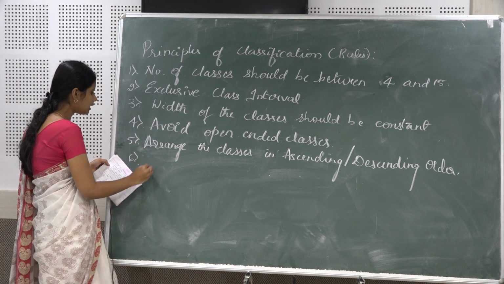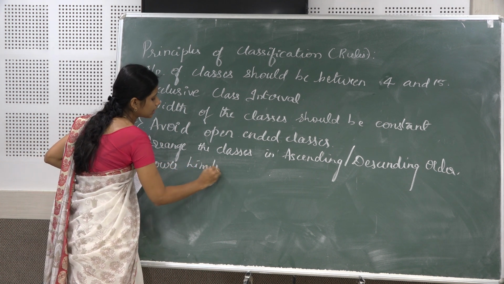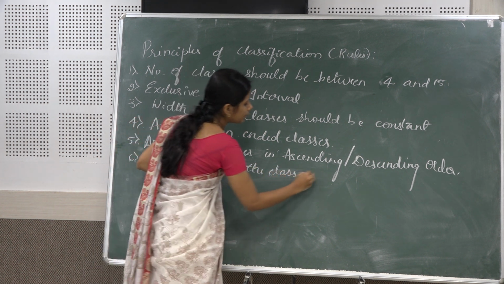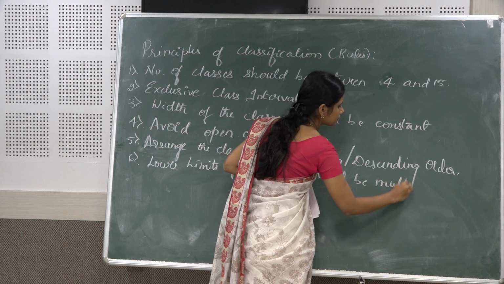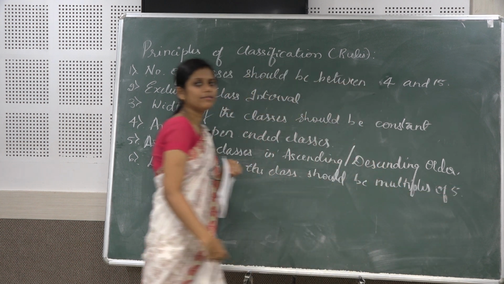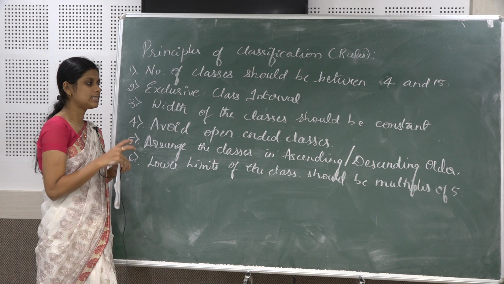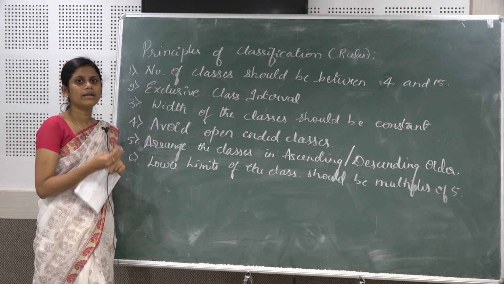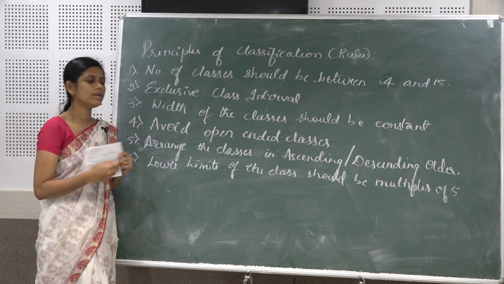Next, the lower limits of the classes should be multiples of 5. So whenever you are going to frame the classes of a continuous frequency distribution, the lower limit of the class intervals should be one of the multiples of 5, like 5, 10, 15, 20. Like this you have to use the lower limits.